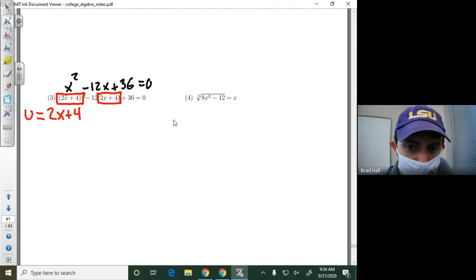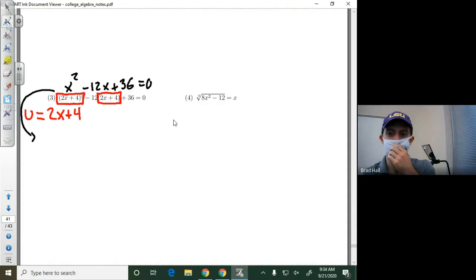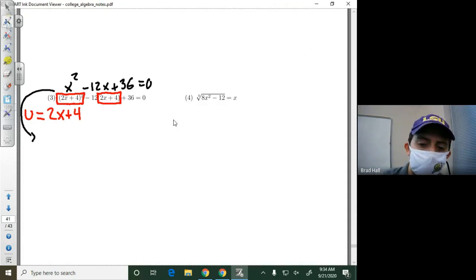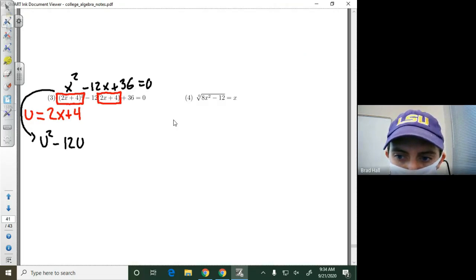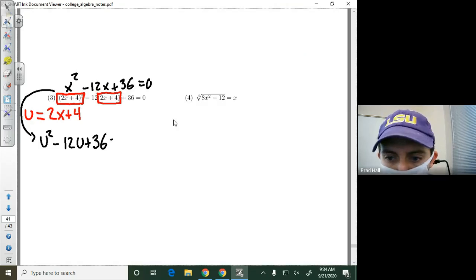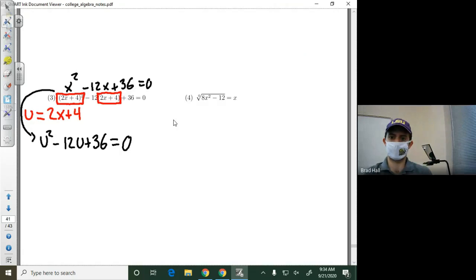So now we can take this expression and rewrite it as U squared minus 12U plus 36 is equal to 0. So that was the goal. Now we have rewritten the equation of quadratic form into an actual quadratic by using what we call a dummy variable.